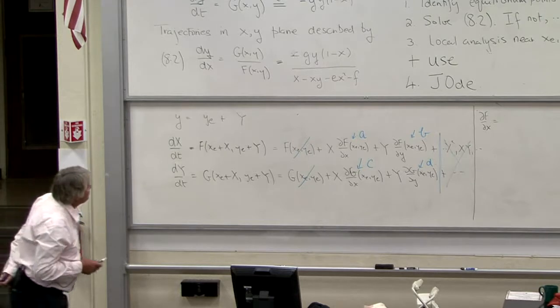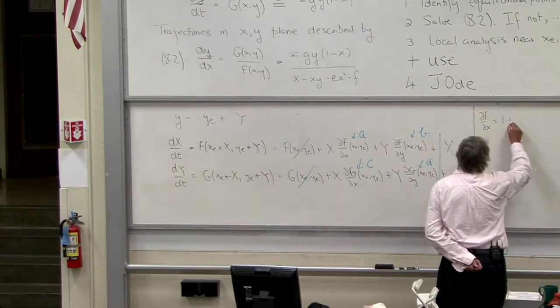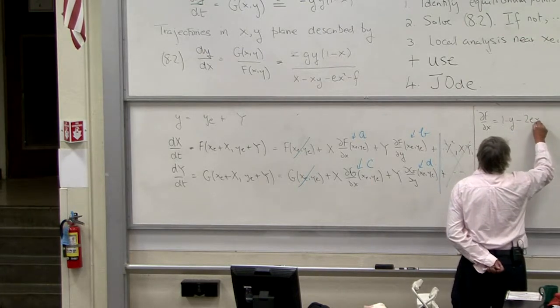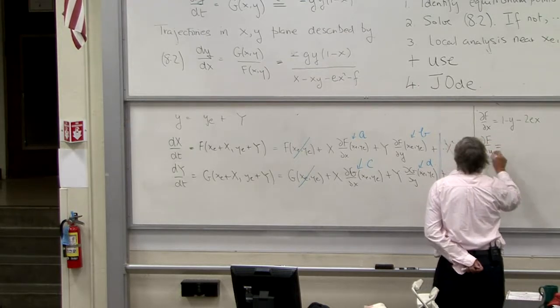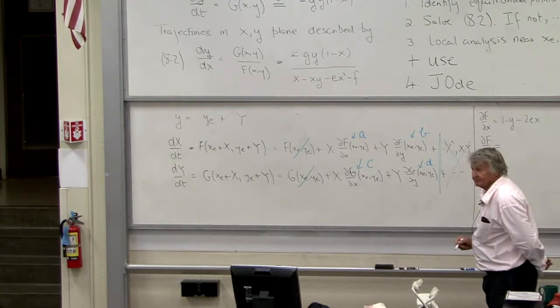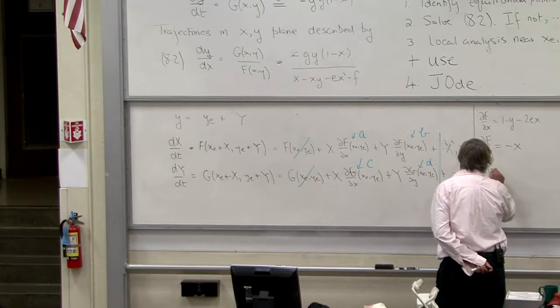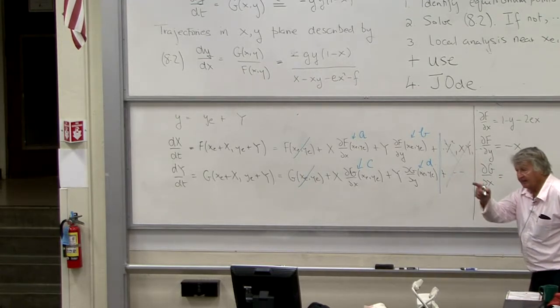That would be 1 minus y. Very good. Minus 2e x. Very good. Now, the next man, what is df by dy? Negative x. What is dg by dx? Man in the green shirt.